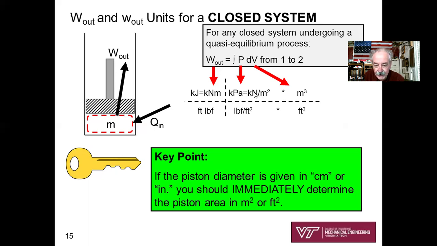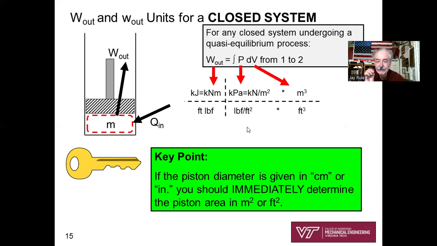Let's see what we've got. I've got a kilonewton, cubic meters in the numerator, and square meters in the denominator. So I've got a kilonewton meter. Yep, that checks, doesn't it? Okay, great. Now the English units: work out has got to be in foot-pounds force. How about my pressure?